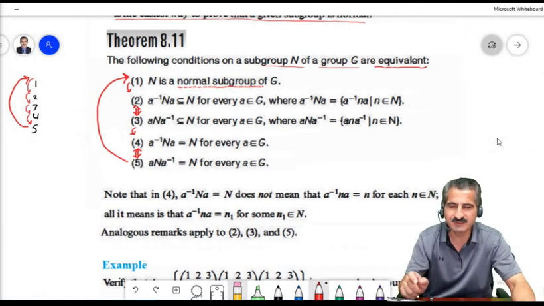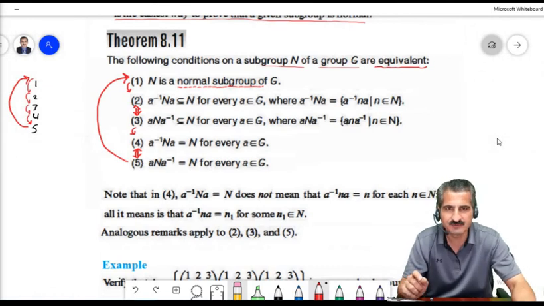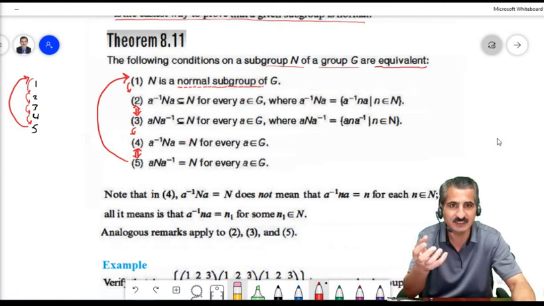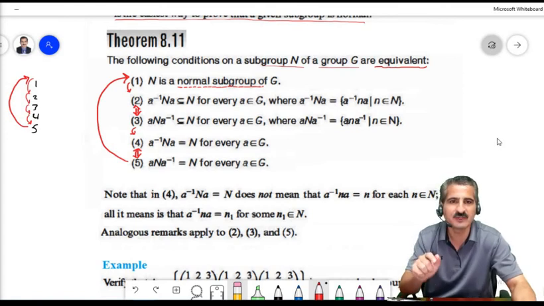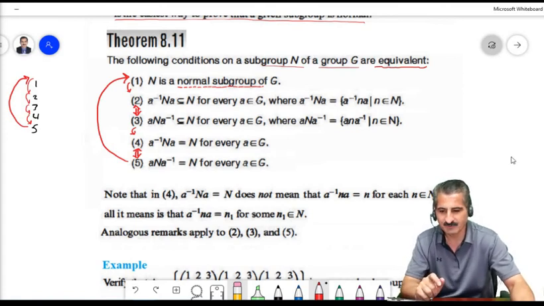But here things are different, because once we want to prove 4, we need 2 and 3 together. So we will prove 2 and 3 are equivalent, which means if I have 3 in hand, then I also have 2 in hand. And same thing, if I have 5 in hand, then I also have 4 in hand. Okay.